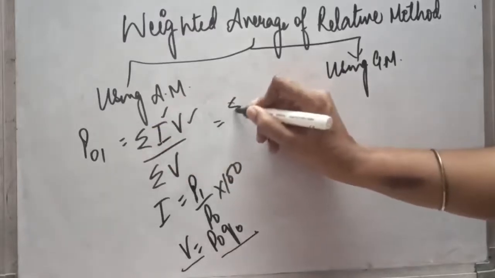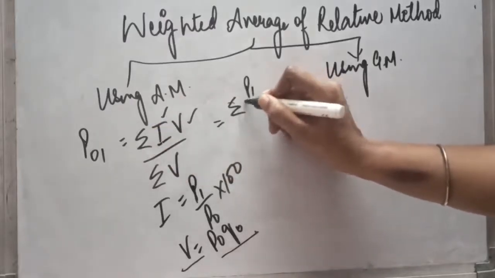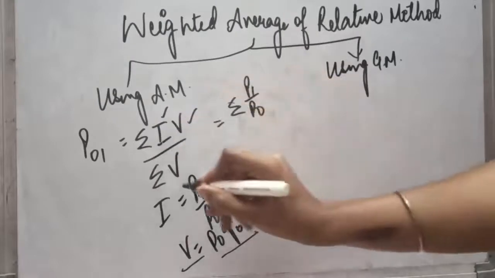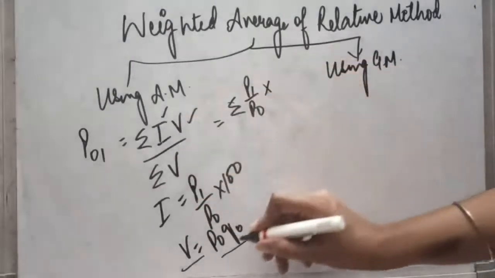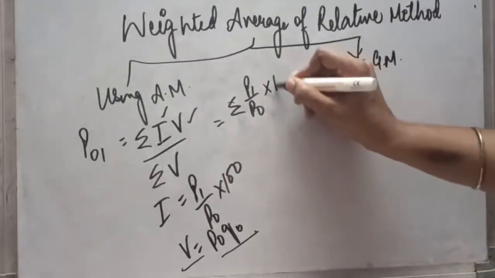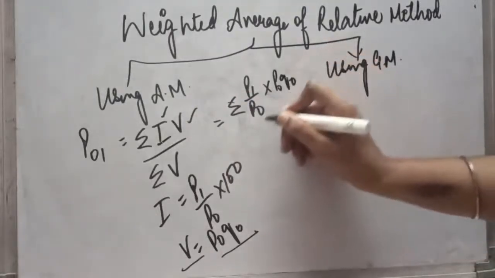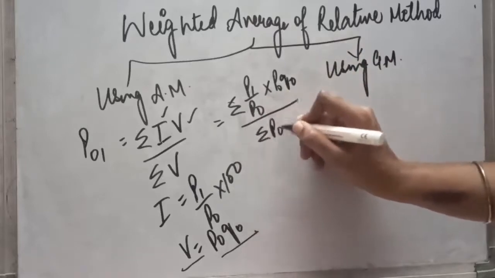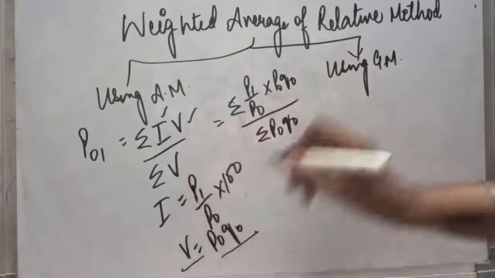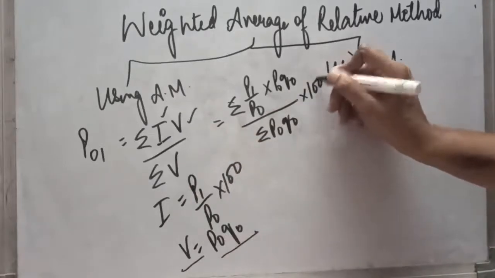If we have to write in detail, we can write P01 equals sigma of P1 divided by P0, multiplied by the value, that is P0 Q0, and the whole divided by sigma P0 Q0, because this is our value, and here we can write 100.